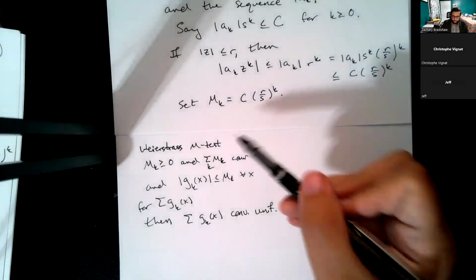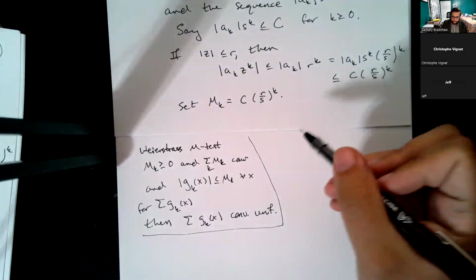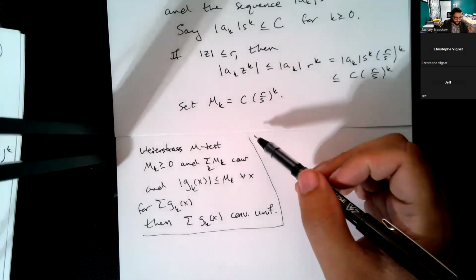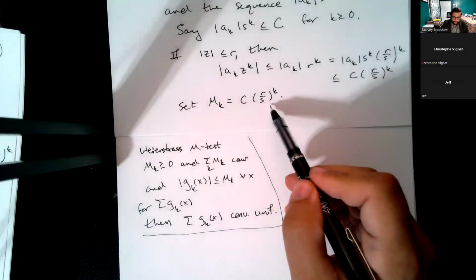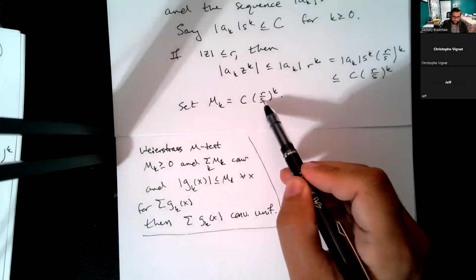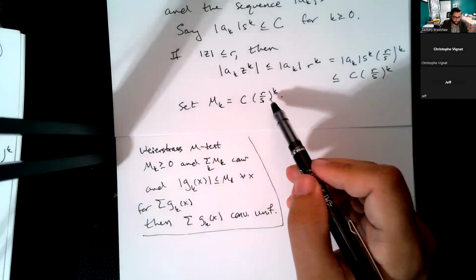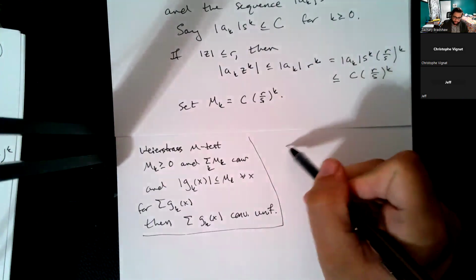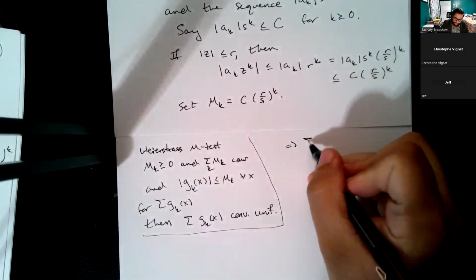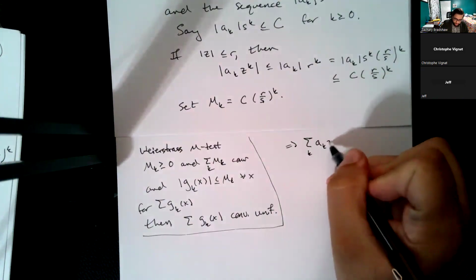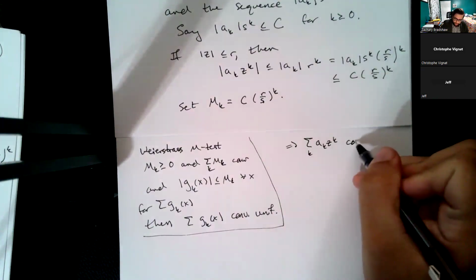So we're going to use this M test from calculus, since this guy converges because r is less than s. So this is just a geometric series. Right? So we get convergence there. That implies by the M test that the sum converges uniformly.